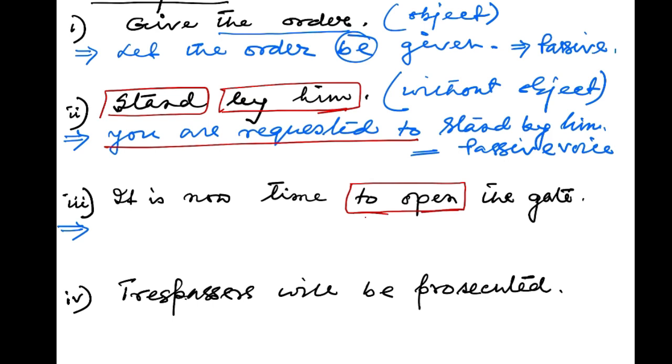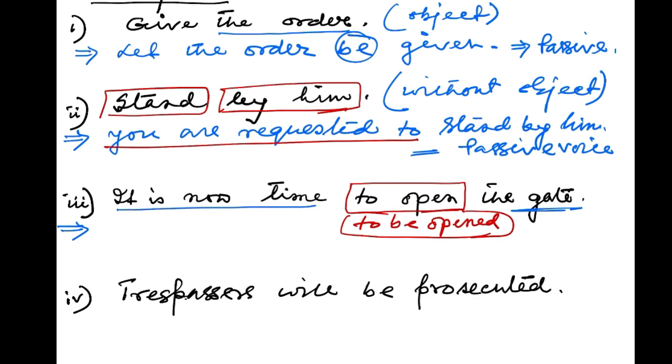To open is active, and when it is turned into passive, it will be to be opened. So this is the object, and you have to add this object to this part with the help of a preposition. Now see how it is done.